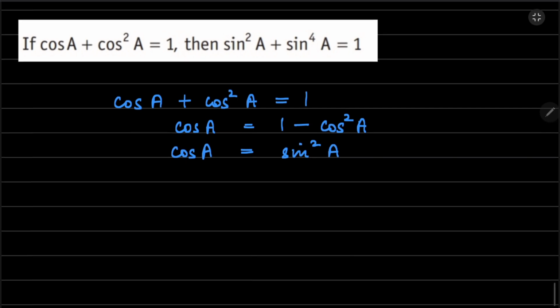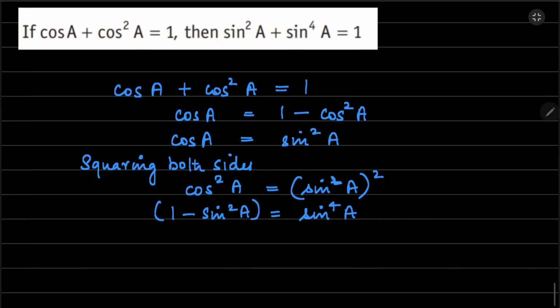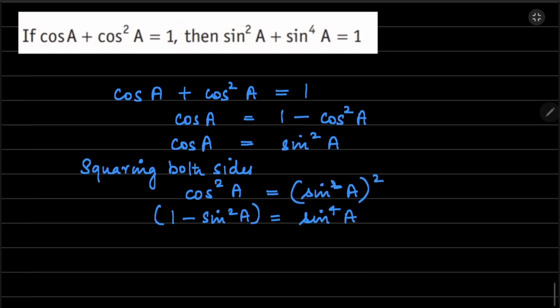Now let us square on both the sides. So when you square both the sides, you will get cos square A is equal to sine square A the whole square, which is nothing but sine to the power 4A. Okay, so this will become cos square A is nothing but 1 minus sine square A. You rearrange the terms because you need to find sine square A plus sine to the power 4A.